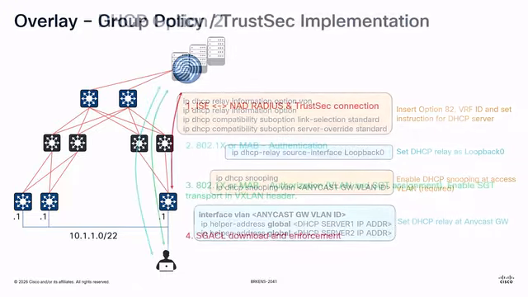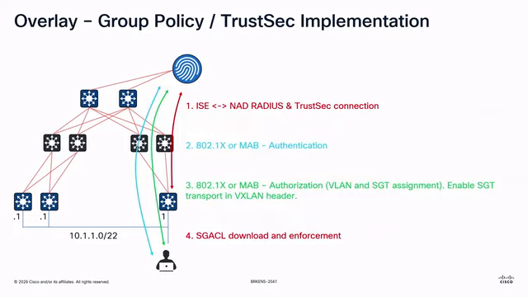Another interesting use case is microsegmentation, the TrustSec. The TrustSec support came to EVPN fabric about 2 years ago. And the way to make it work, there are 4 steps that we need to go through. First, we need to configure RADIUS and TrustSec relations between the switch and the ISE.